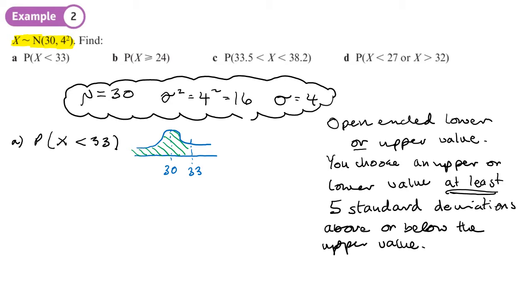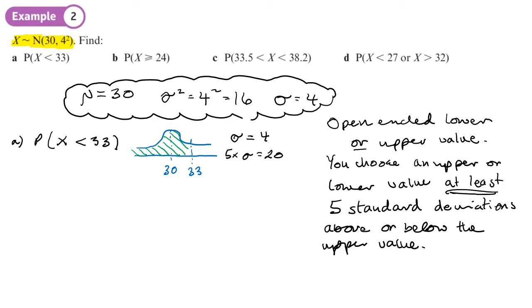Yeah, so our upper value is 33. If a standard deviation here is 4, so 5 times that is 20. So my lower value needs to be at least 20 less than 33.